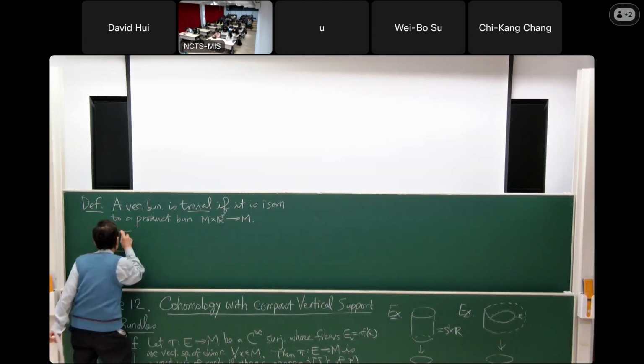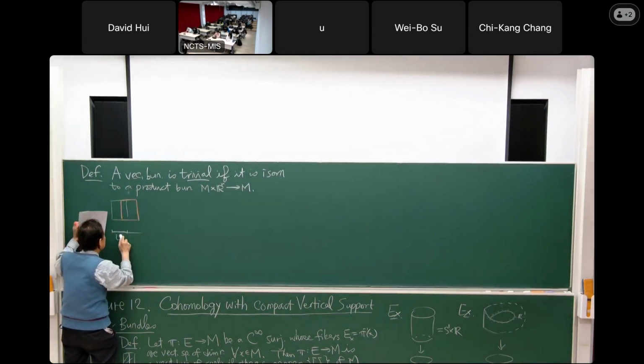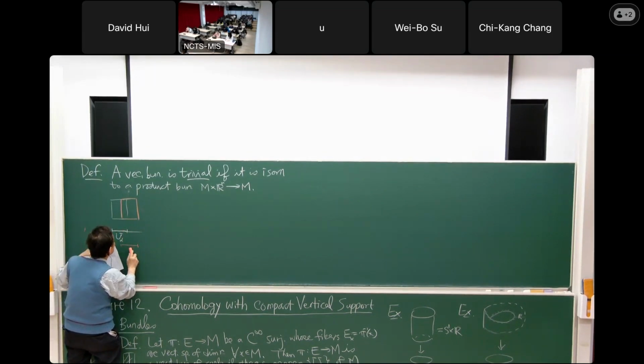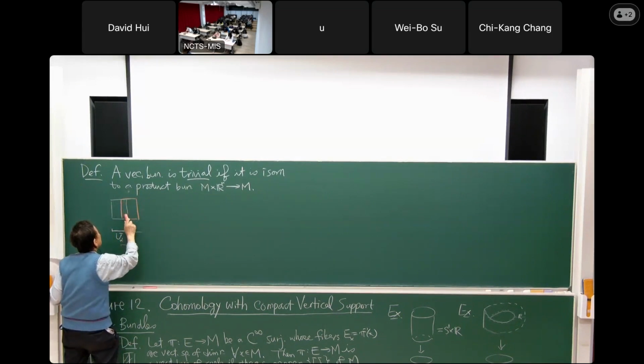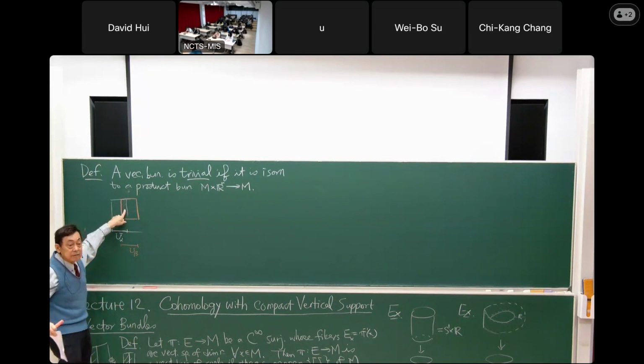So here's U alpha, and here U beta. And so in the intersection, then you have two trivializations. That's like having two coordinate systems on the fiber.